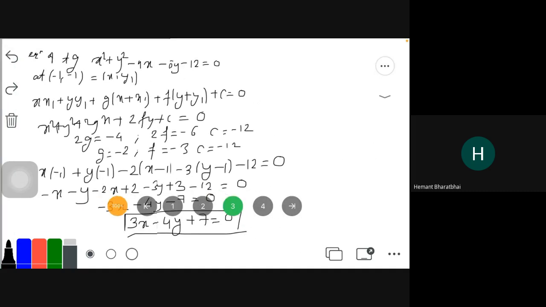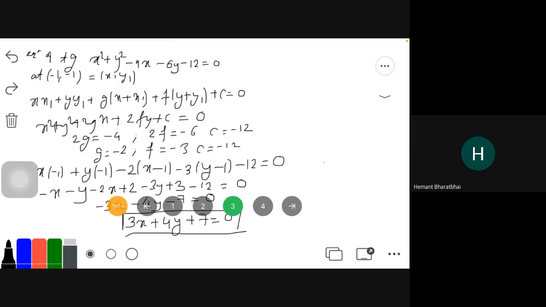So in the given question, he told us to find out the equation of the tangent to the given circle at point minus 1 comma minus 1. So we have used the formula and successfully found out the equation of the tangent as 3x plus 4y plus 7 equal to 0.